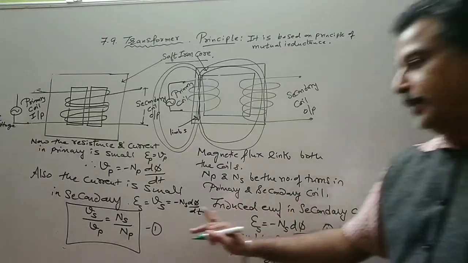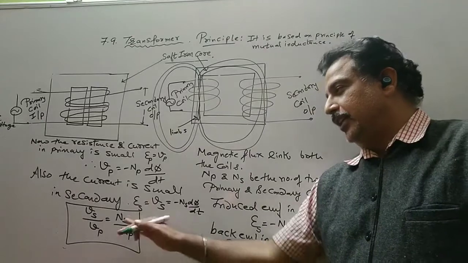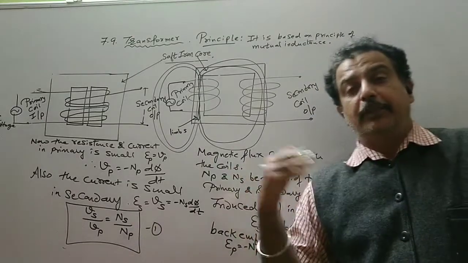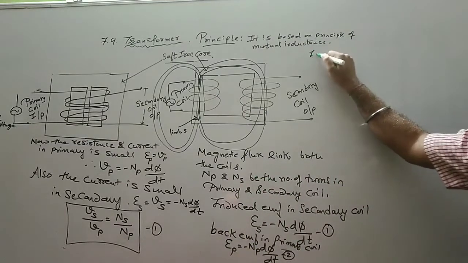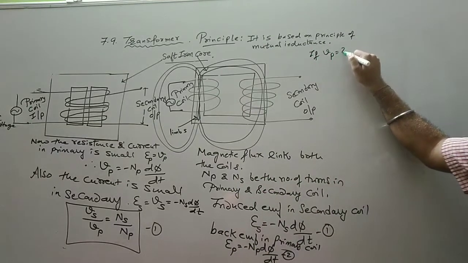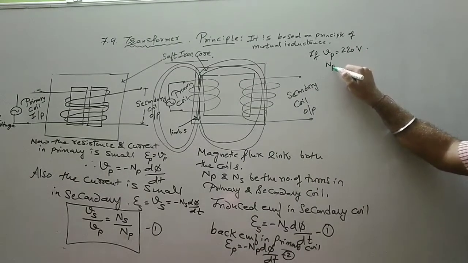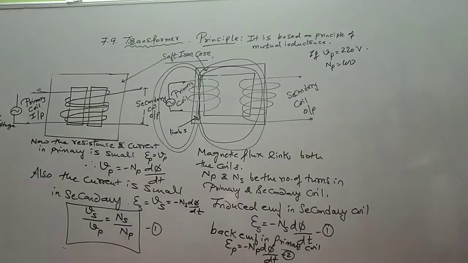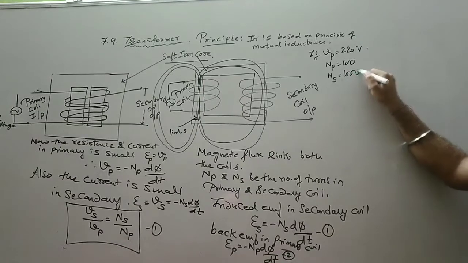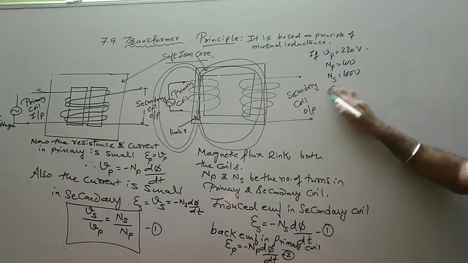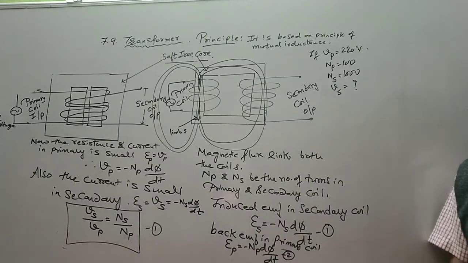Now let us take the values and try to understand how we can prepare a step-up transformer or a step-down transformer. If Vp is equal to say 220 volt, the number of turns in the primary coil is 100 and the number of turns in the secondary coil is 1000, then find out Vs, that is the EMF across the secondary.